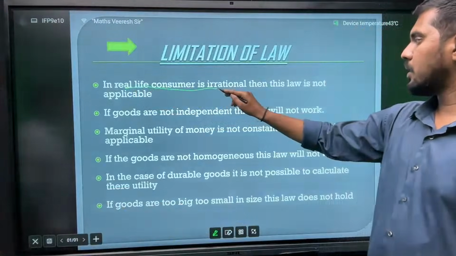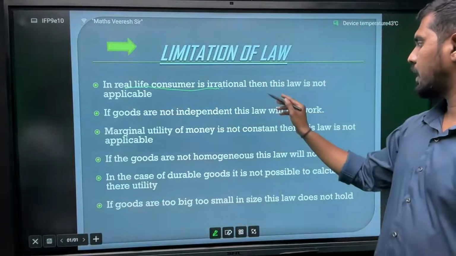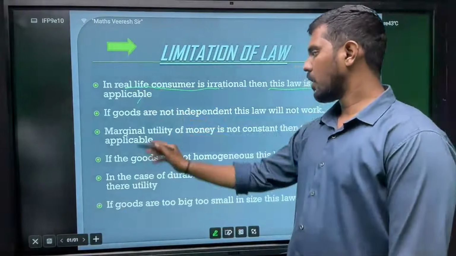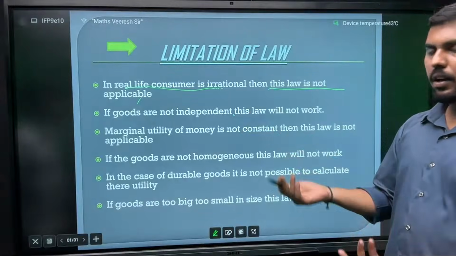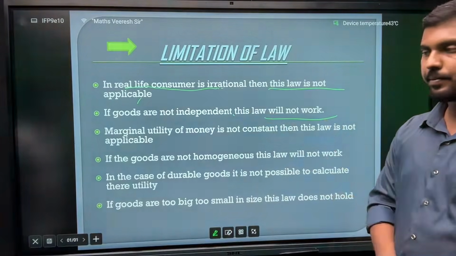A real life consumer is irrational, then the law is not applicable. When goods are not independent, the law will also not work, right?